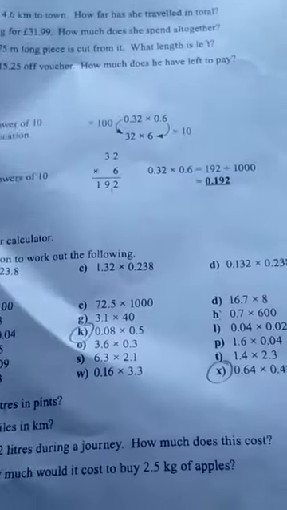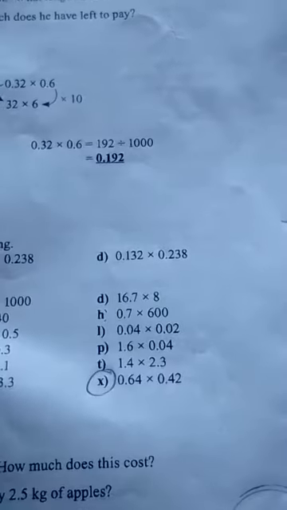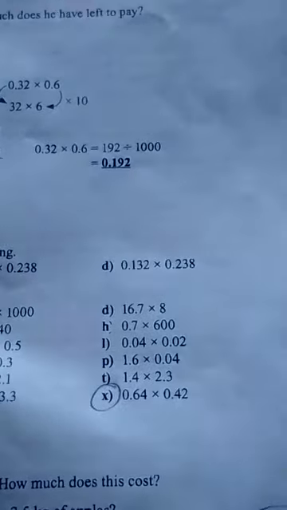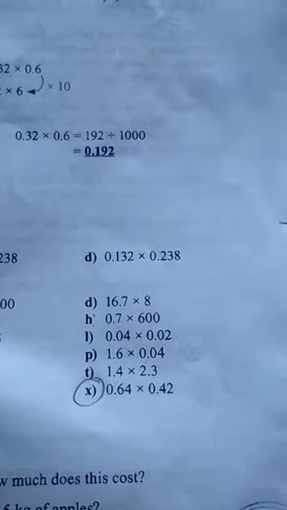Using method 2. Now let's take a look at question 2x. We are going to work it out using method 1. It's saying 0,64 multiplying by 0,42.